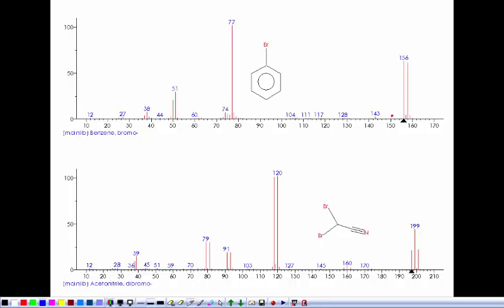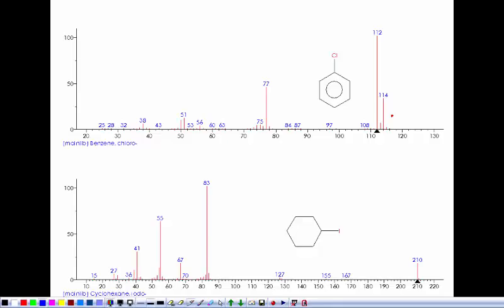So if you're trying to determine if you just added a single bromine to your molecule, like if you were doing free radical bromination, and you wanted to make sure you did a monobromination, take a mass spec of it, and you can tell what peaks are single bromines and what peaks have multiple bromines on them. You can do the same thing for chlorine as well, only notice in the chlorine case, you've got the two mass peaks, but now they're 75-25 because that's the way the isotope ratios of chlorine are.